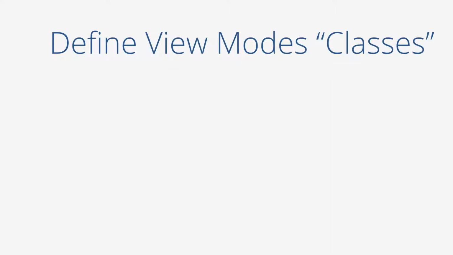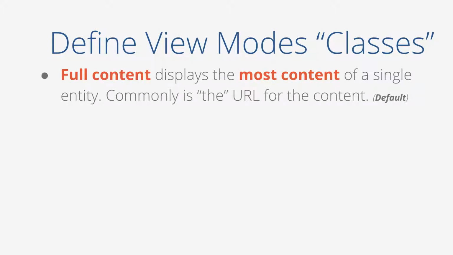So let's further define what these are, because this is the hardest thing on any project. And I'm going to give you a nice baseline that we've standardized in the company. And we've also standardized it because it's the industry standardizing it with these terms. This is also tied into things like uses of paragraphs and component-based design. So, full content displays the most content of a single entity, and it's commonly the URL for the content, often confused with default, or used as default.